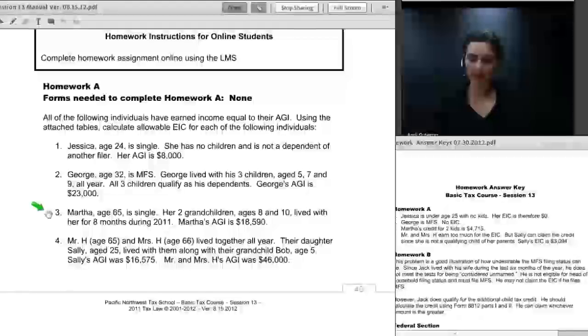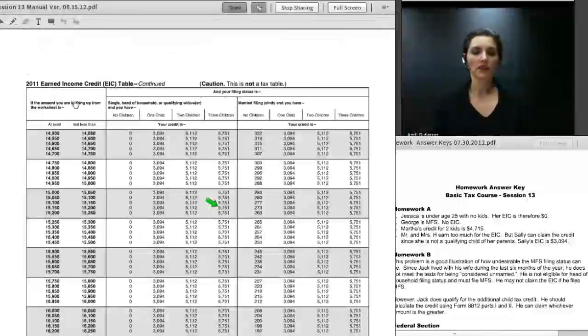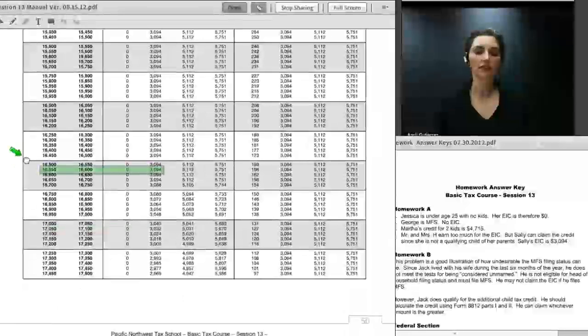So we go to the tables, and in this case, the tables based on her earned income level of $18,590 are on page 50 of the manual. So on page 50, we find her income, which is at least a certain amount, but less than a certain amount, and we go down until we get $18,590 falling between those 2 points.